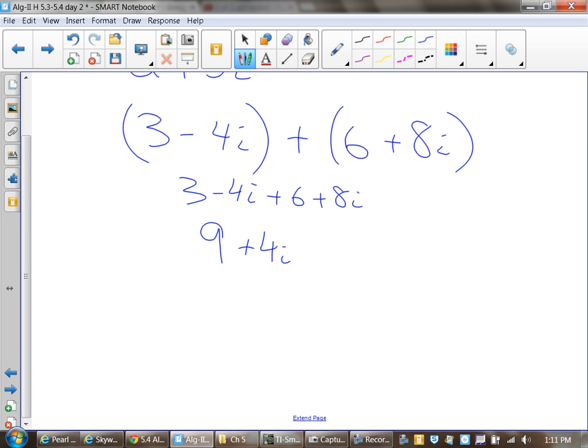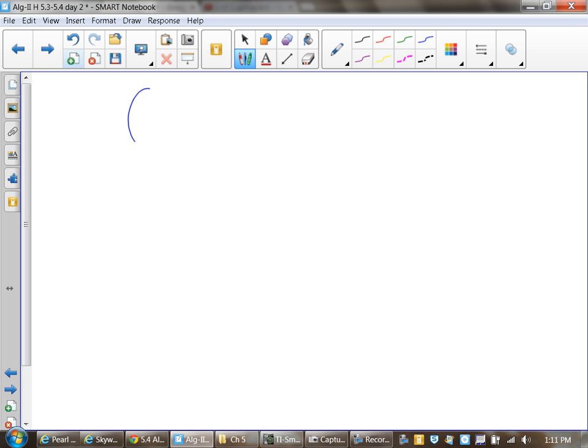The only thing that's different with subtraction is this. When you are subtracting, notice they're writing it as complex number minus complex number.